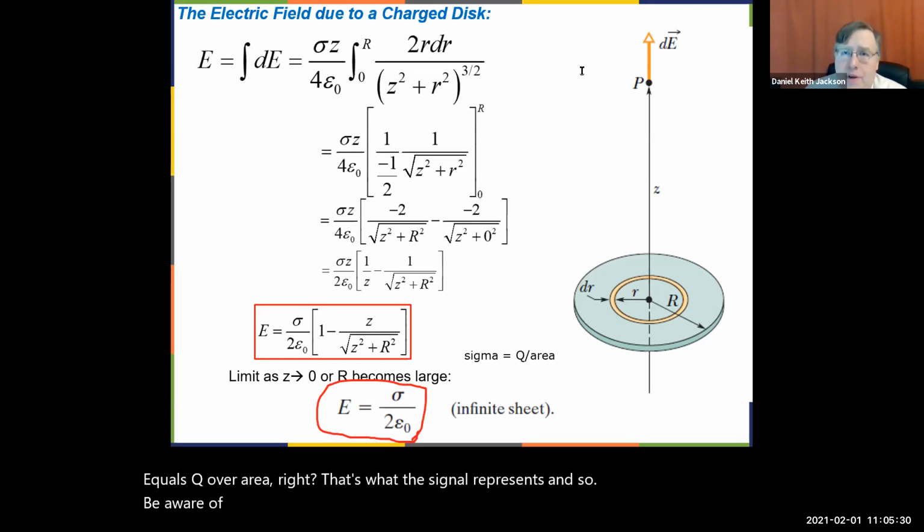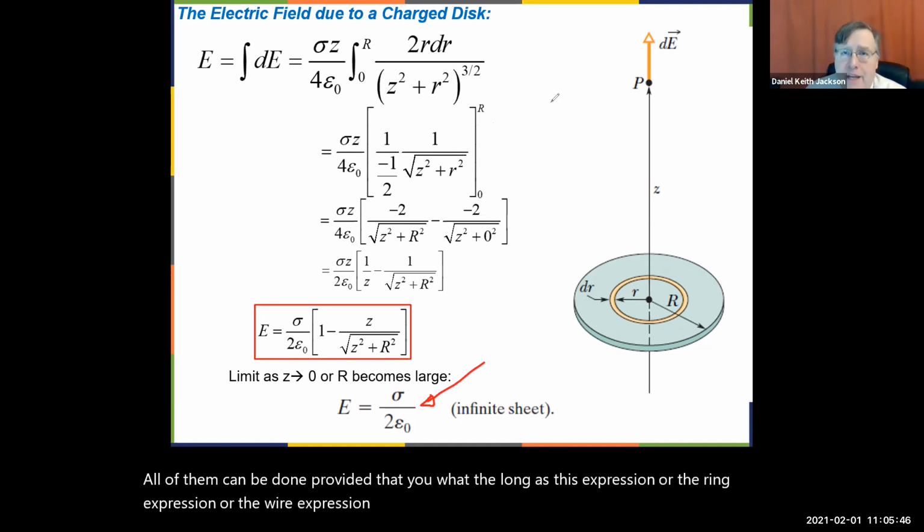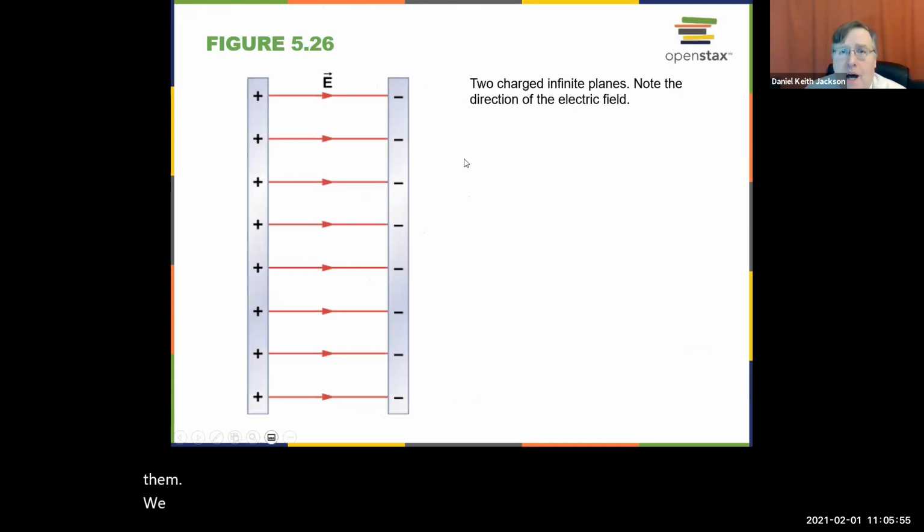Now, the homeworks that you have for these problems can all be done as long as you know this expression, or the ring expression, or the wire expression. There's no reason you shouldn't be able to handle any of them. Last part is infinite planes.